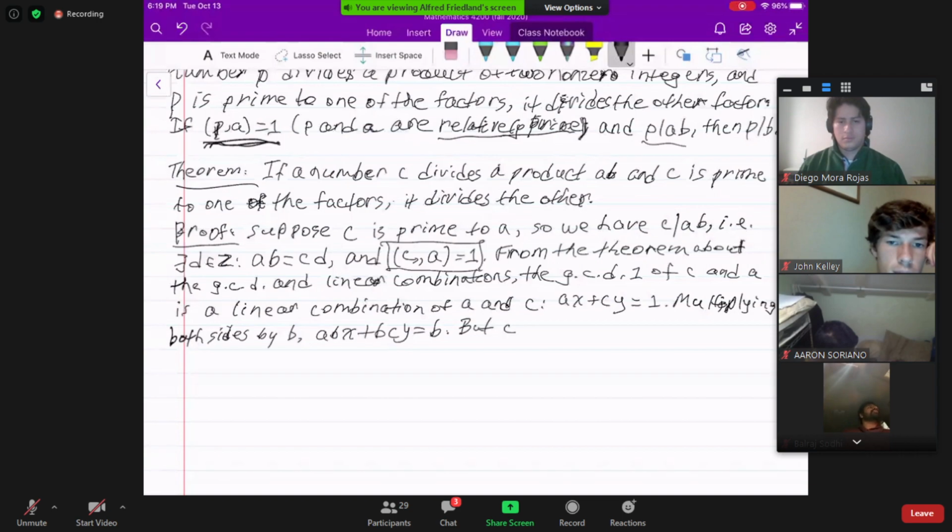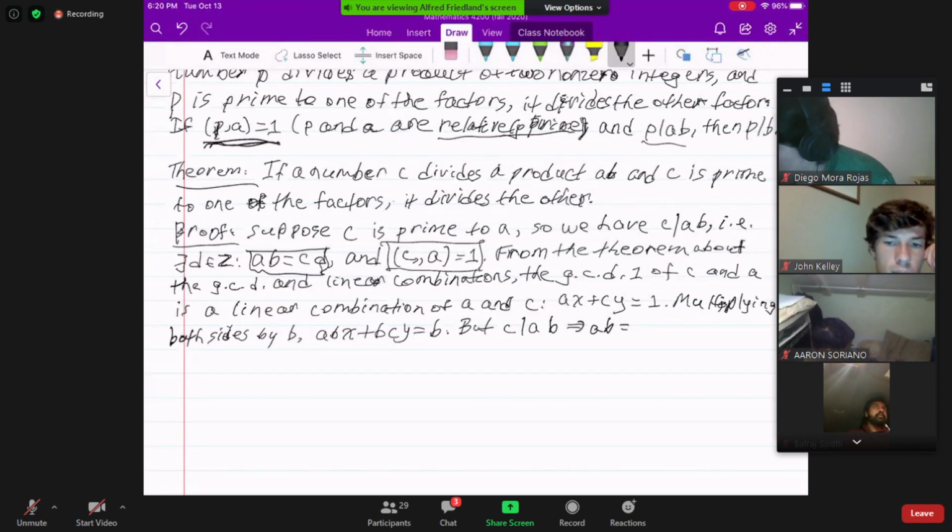Okay, so C divides AB implies, did I write that? Okay, implies AB equals, oh yeah, okay, here it is. Okay, so I'll rewrite it. AB equals CD.